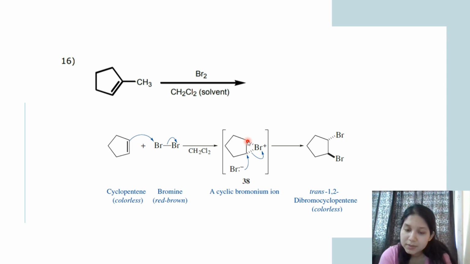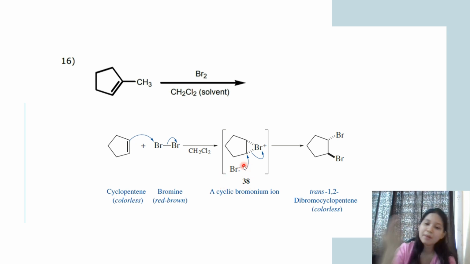Okay, since here you are observing n to sigma star electron donation, the orbitals involved in the donation are oriented in such a way that the incoming bromide anion can attack only from the opposite face. So if you are forming this bromonium on the below face, the alpha face, you have to attack the bromonium with this bromide anion from the beta face, which is above the plane of the paper.